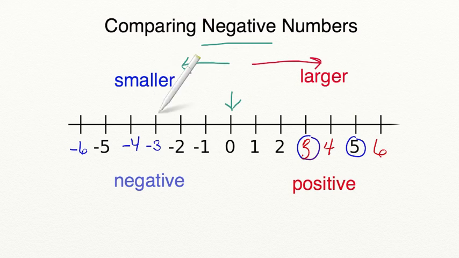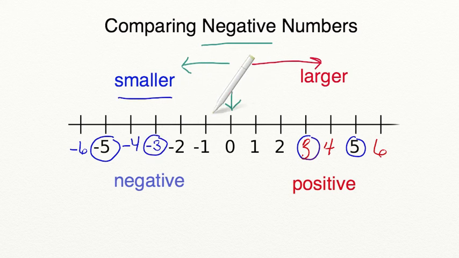On the negative side, -5 is smaller than -3 because it's further from 0. Even though you might think that the number 5 is greater than the number 3, you have to remember that you're working with negative numbers. And -5 is actually further away from 0 than -3.